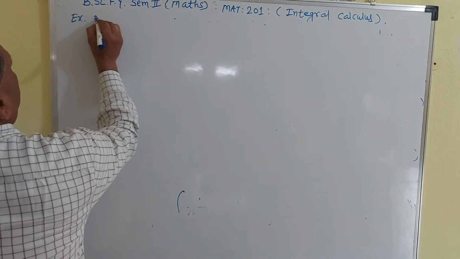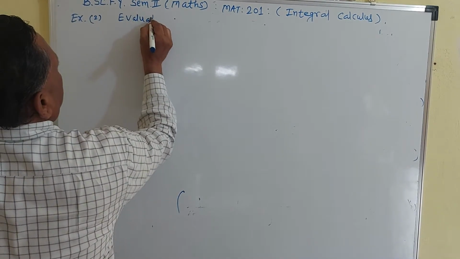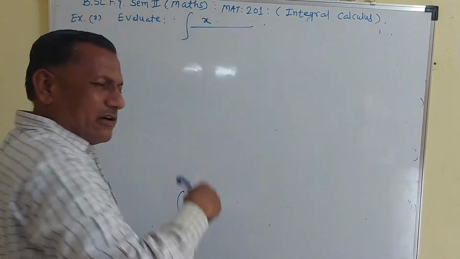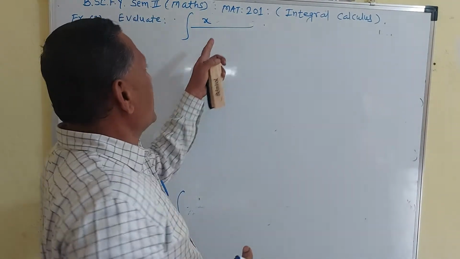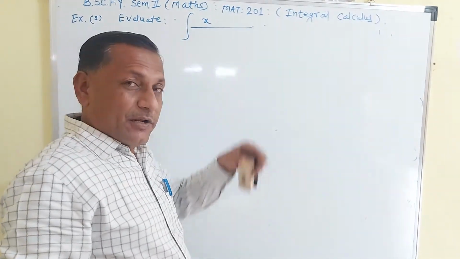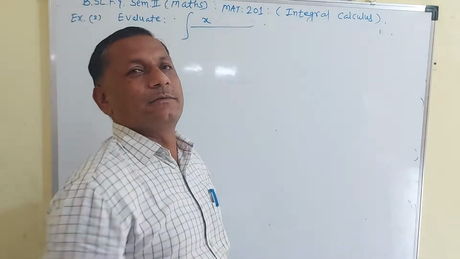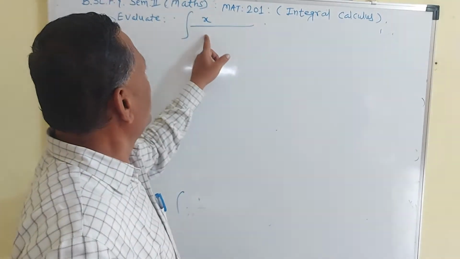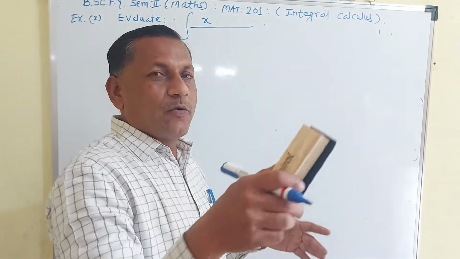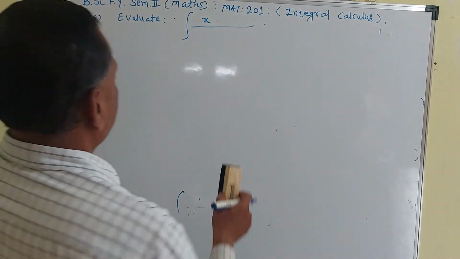Next, evaluate integration of x upon, you remember that degree of numerator is less than the degree of denominator. If degree of numerator is greater than the degree of denominator, you divide that numerator by the denominator polynomial and you write in the form of f of x upon g of x is equal to q of x, quotient, plus remainder upon g of x.